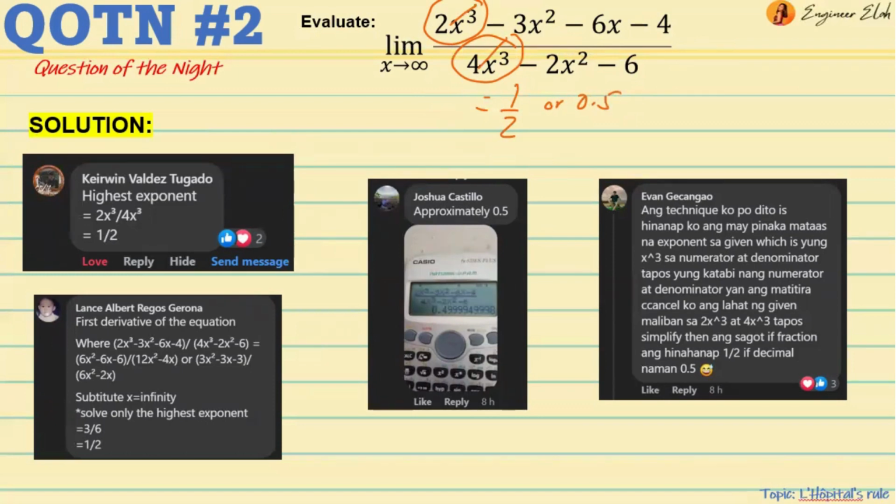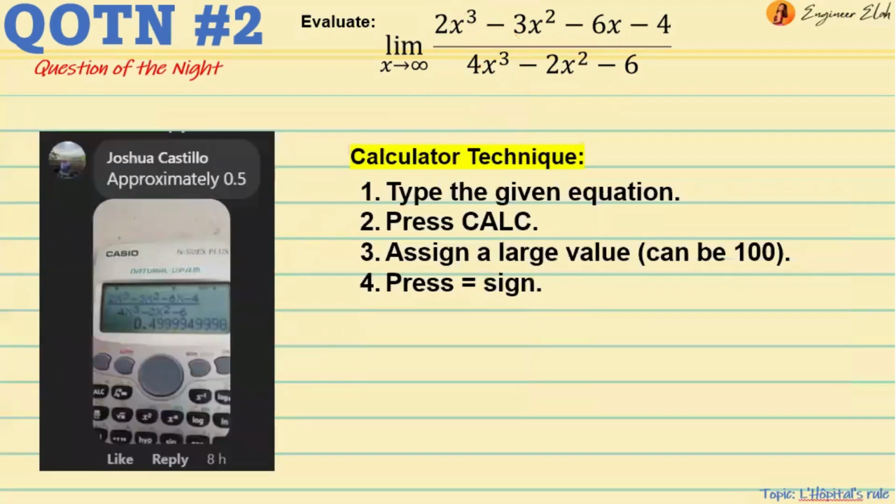So, another technique, nakita ko kay Joshua Castillo. So, nag-calculator technique siya. So, paano ba natin gagawin ang limit sa calculator technique? Okay, so first step is itatype mo lang yung given equation, katulad nitong ginawa niya. So, kinapin niya lang yan, no, here. And then, step 2 is to press calc. Okay, so I think ito yun, no? Yan. This one is the calc function. And magpa-prompt yung calculator na magbigay ka ng value for x.